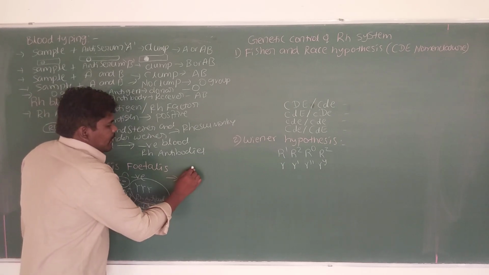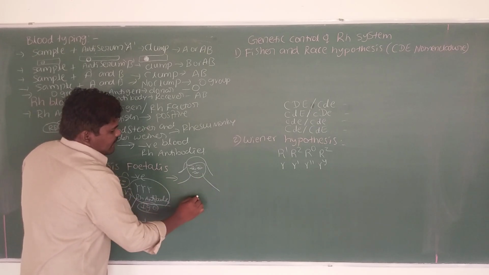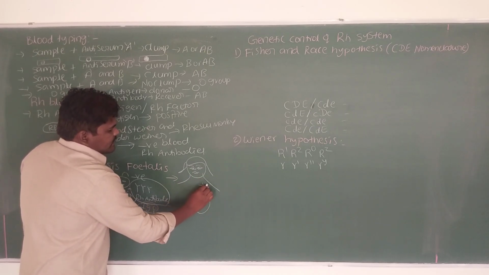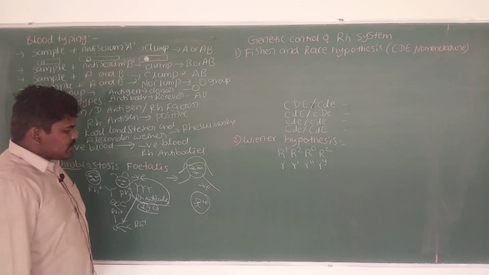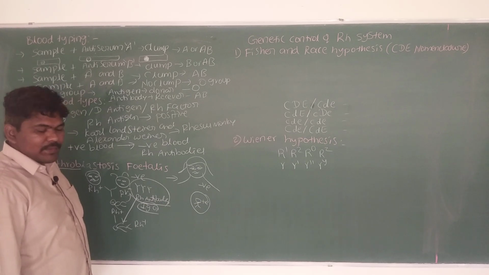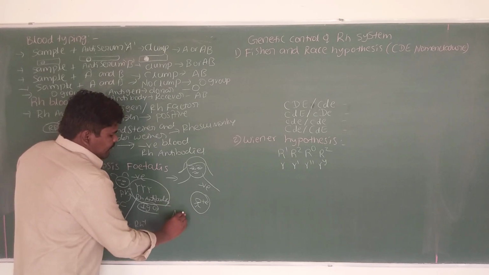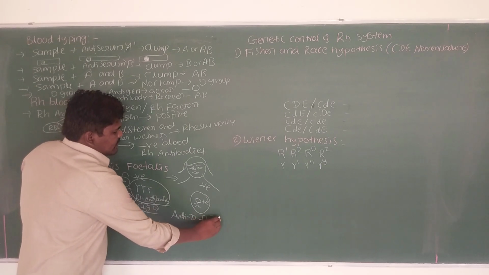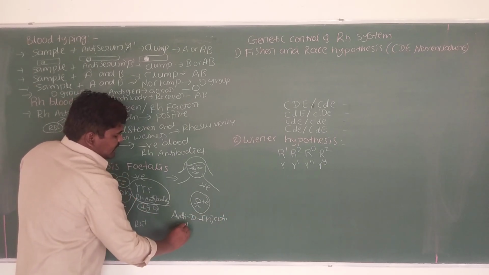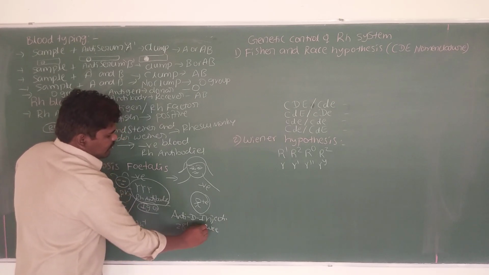When we find that the mother is Rh negative and the fetus is Rh positive, that is, if the pregnancy is Rh positive, then for the Rh positive baby in this condition we have to give an anti-D injection at the 28th week of pregnancy and the 34th week of pregnancy.